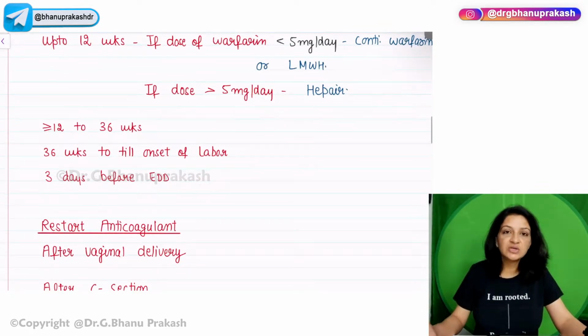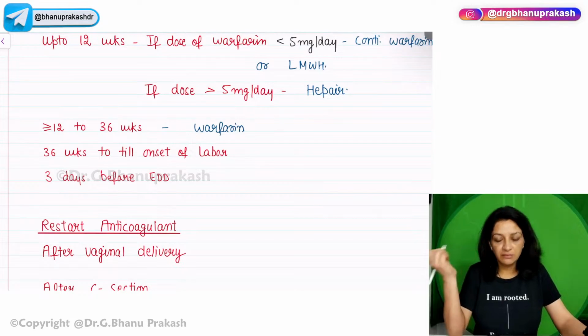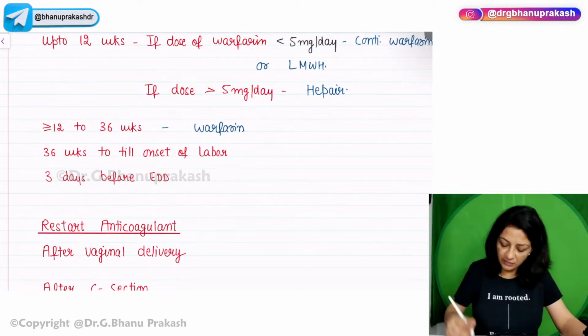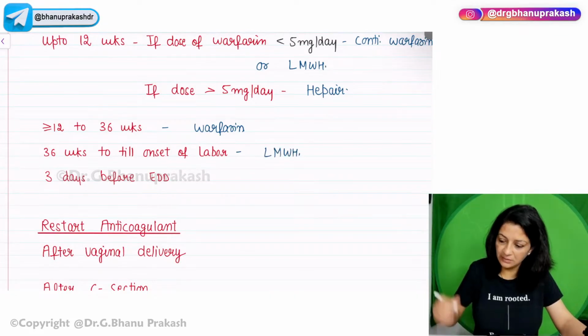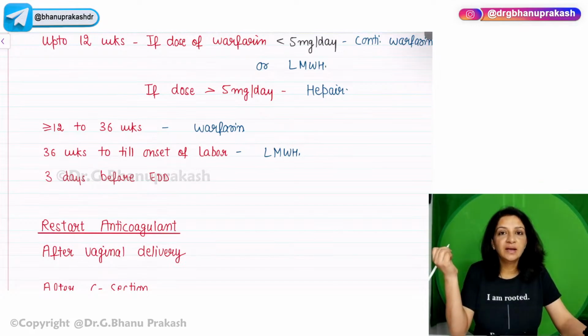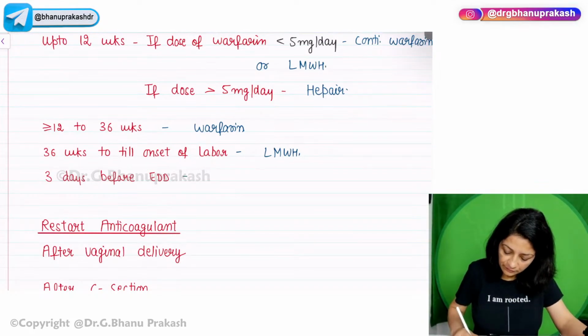After 12 weeks to 36 weeks, you can give warfarin. From 36 weeks till onset of labor, low molecular weight heparin. And 3 days before the expected date of delivery, again shift to heparin.